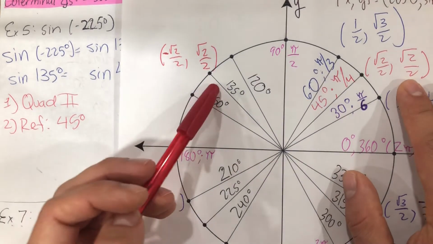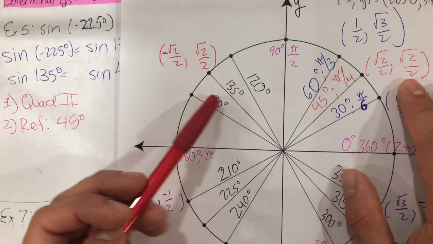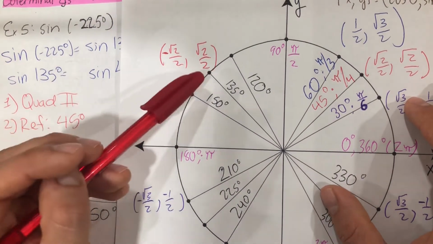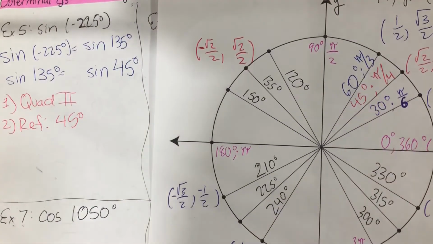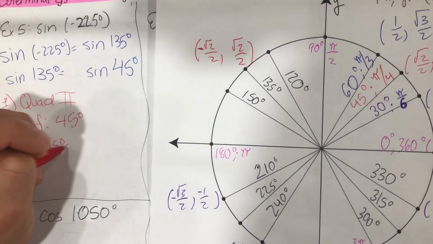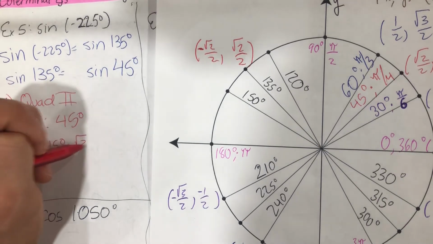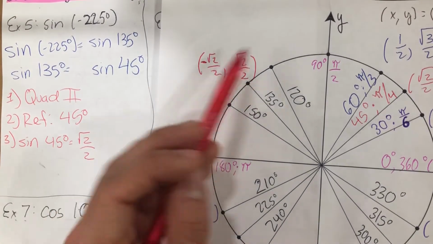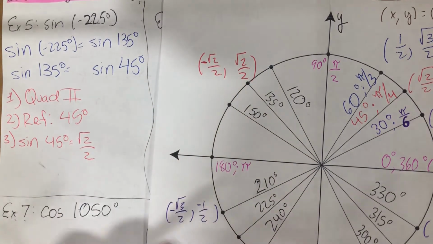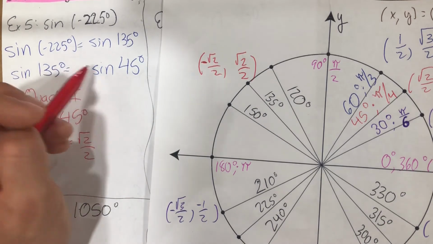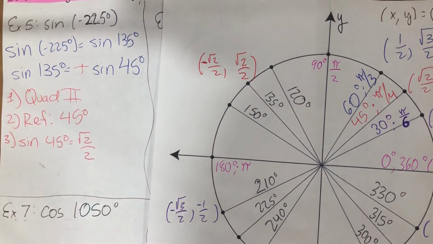And where 135 is at, my y-coordinate is also positive. So 135 degrees is equivalent to positive sine of 45 degrees.